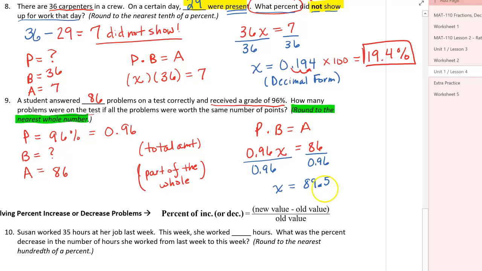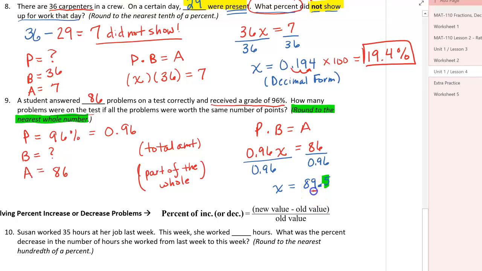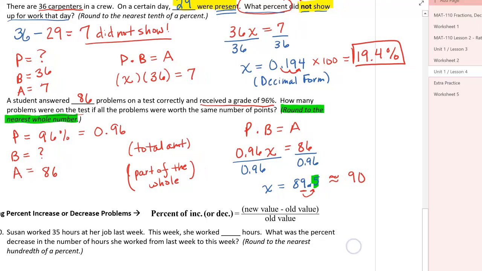And so since 5 is the number to the right of the nearest whole number, that means we're going to round this up. But since 9, if you round that up, is 10, we're going to add that 1 to the 8. So rounded up to the nearest whole number would be 90. So 90 questions.